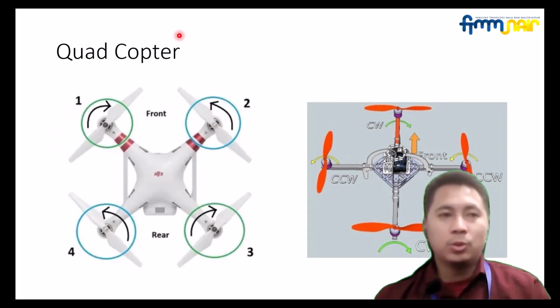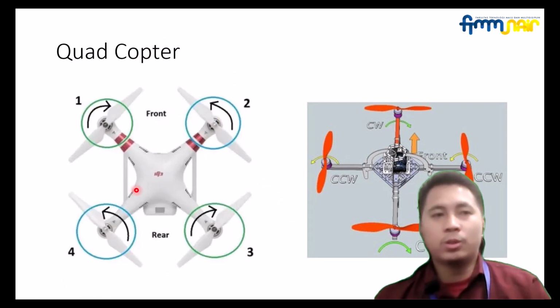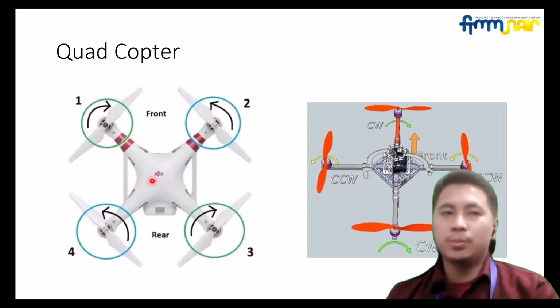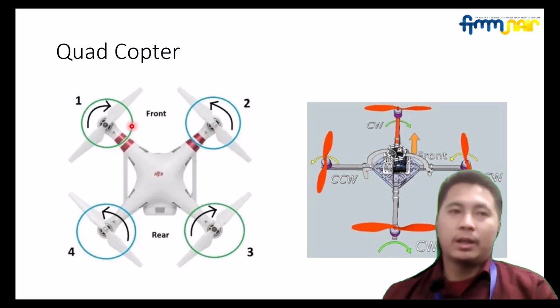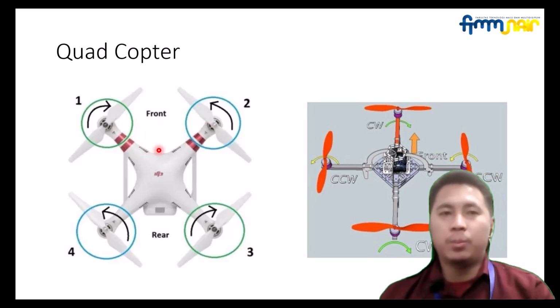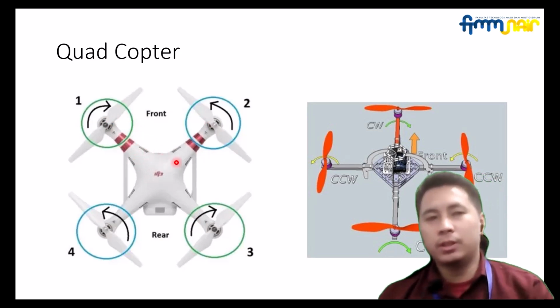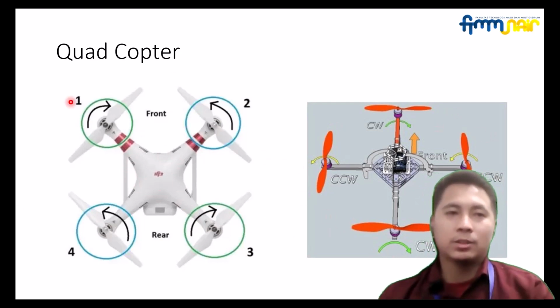And next, the most popular configuration is the quadcopter, which has four motors mounted on a symmetric frame, and each arm typically is 90 degrees apart for the X4 config and plus config. On the right is the plus config, on the left is the X config.